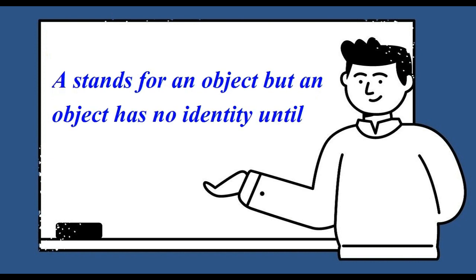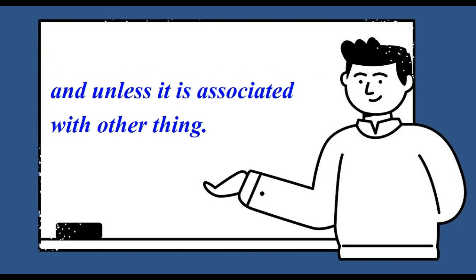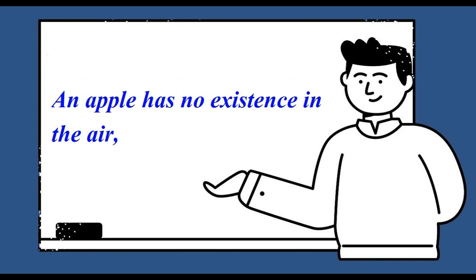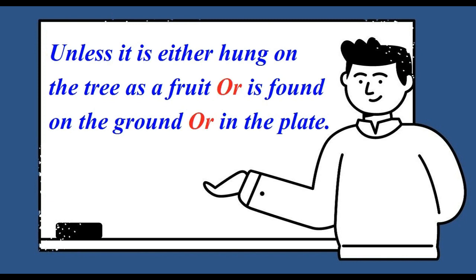A word stands for an object, but an object has no identity until and unless it is associated with another thing. An apple has no existence in the air unless it is either hung on the tree as a fruit, or is found on the ground or in the plate.